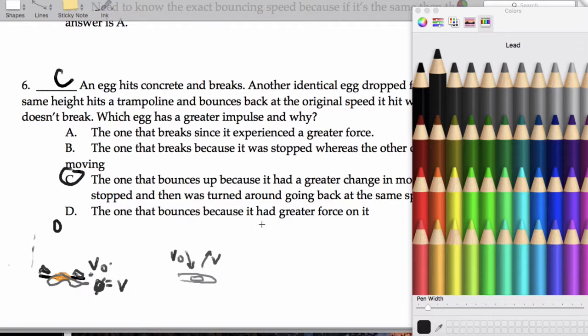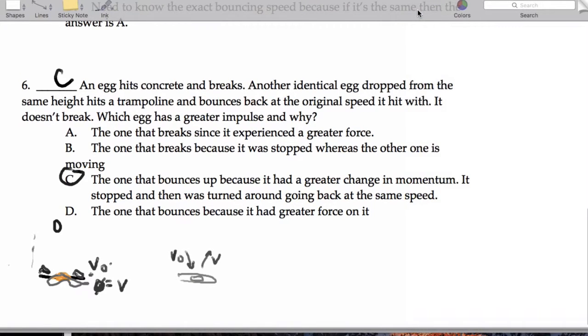So what's actually happening there is you still have the bigger change in momentum. Let's be clear here. Yes, there is a bigger force in the concrete case, but it acts for a very small time. Here, we have a small force acting over a much, much larger time, so much larger that this small force over a large time gives you a bigger impulse.